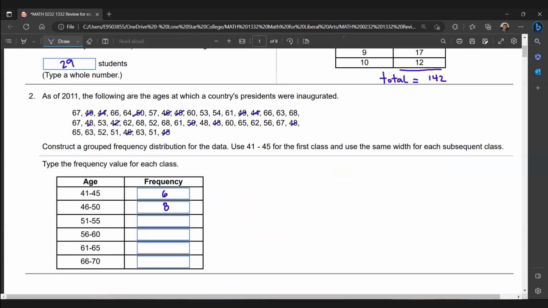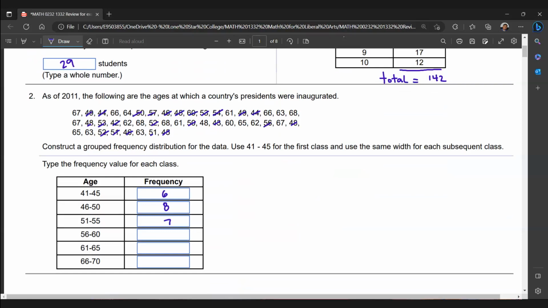51 to 55. So that's 1, 2, 3, 4, 5, 6, 7. I counted 7. 56 to 60: 1, 2, I got 2 so far. I got 3.